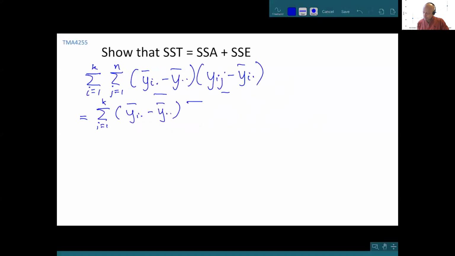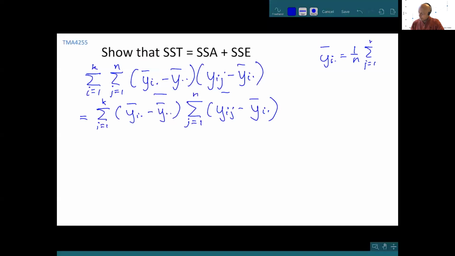So now I take this sum over j inside, and then I have the sum over y_ij minus y bar i dot. And what is y bar i dot? Well, that's 1 over n, and then we sum over j, y_ij.